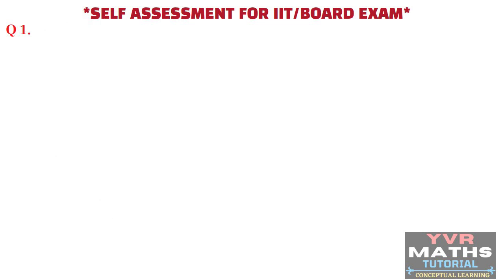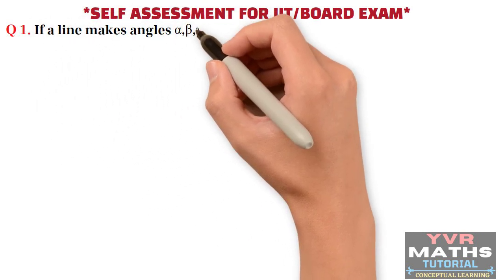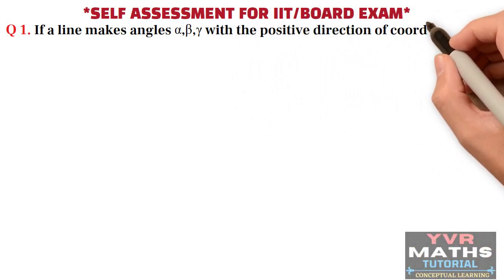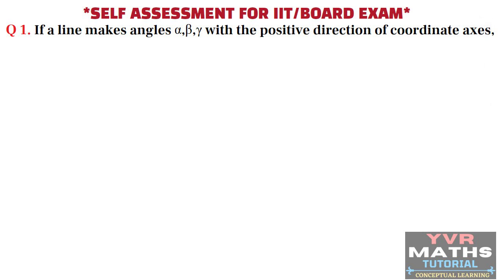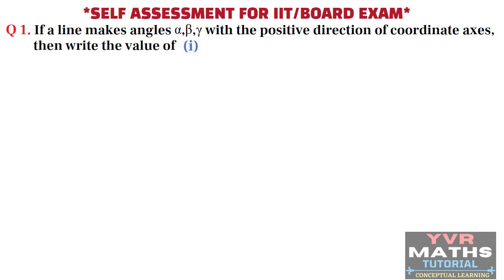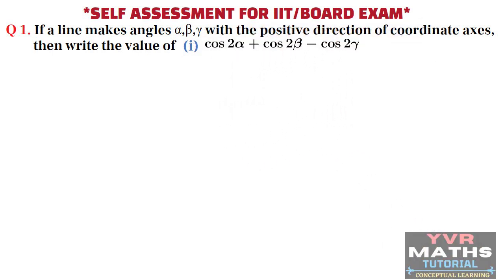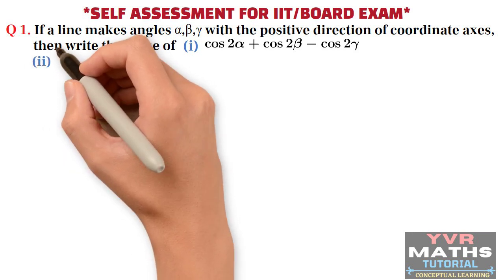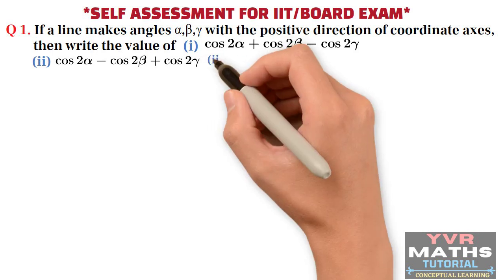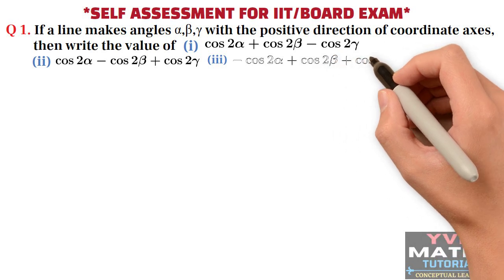First question, if a line makes angles α, β, γ with the positive direction of coordinate axes, then write the value of first one, cos 2α + cos 2β − cos 2γ. Second one, cos 2α − cos 2β + cos 2γ. Third one, −cos 2α + cos 2β + cos 2γ.